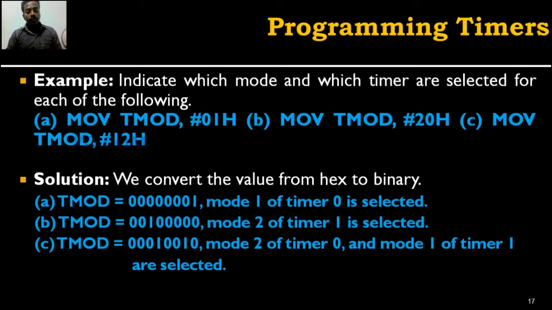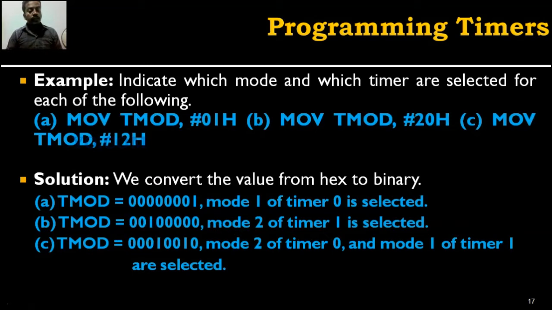If TMOD equals 01H, mode 1 of timer 0 is selected. If it is 20H, mode 2 of timer 1 is selected. The lower 4 bits are allocated for timer 0 and the upper 4 bits for timer 1.